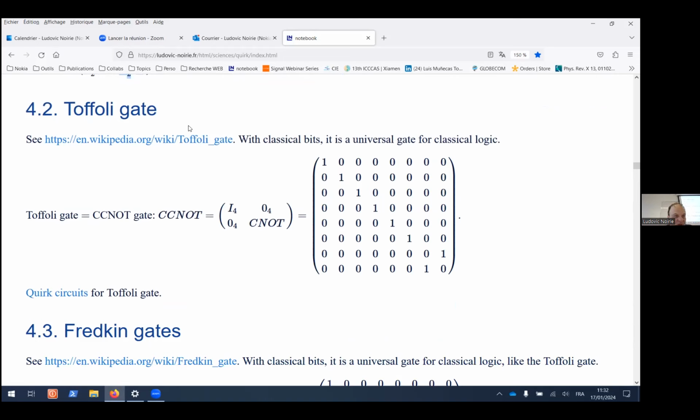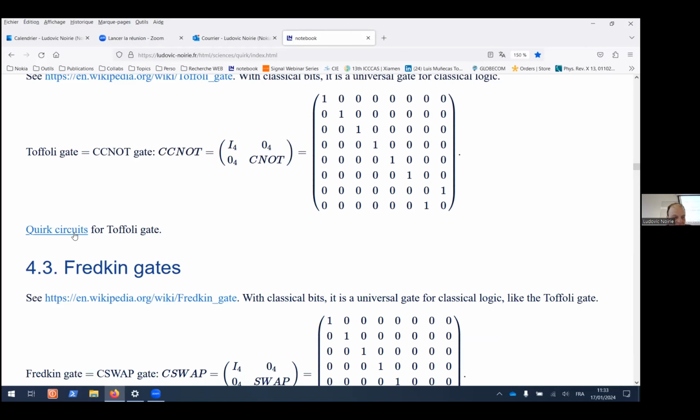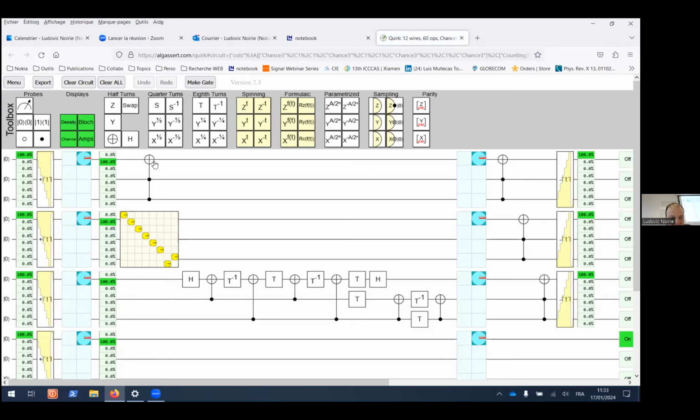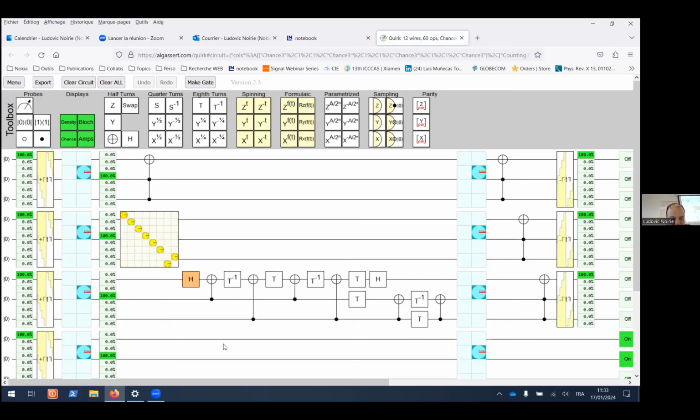Some interesting ones are the Toffoli gates, which is a control-not gate. So you have the control-not gate here, identity of dimension 4 here, and this is this gate in terms of matrix, in 8x8 matrices for 3 qubits. I just can show you quickly the operator. This gate is equivalent to this gate.